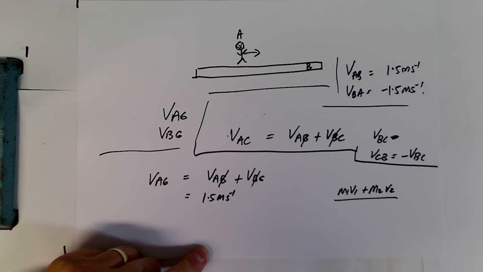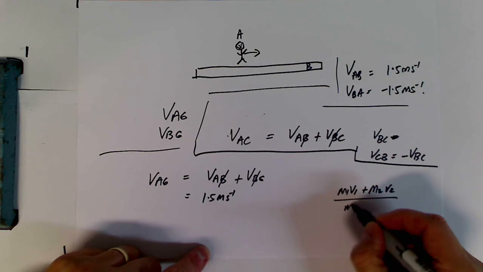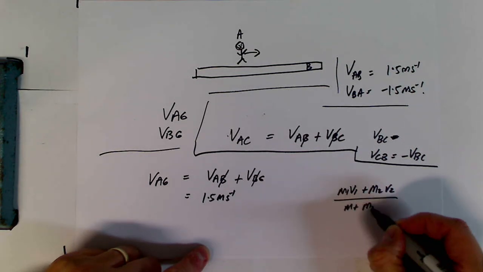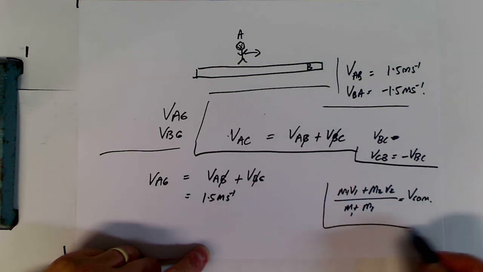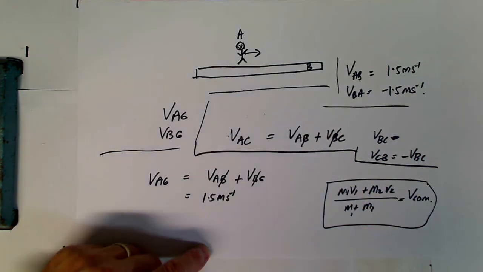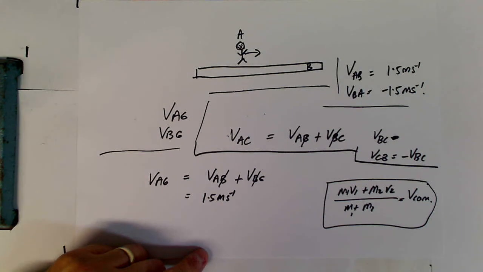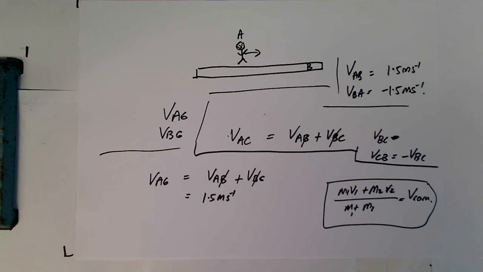If we know the velocity of the center of mass was 0, or whatever it was, we can use this equation. We can solve it to give us one of these velocities in terms of the other. And when we make that substitution, we should be able to make it all work. Alright, that's all I wanted to show you.